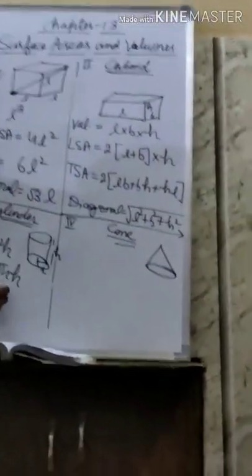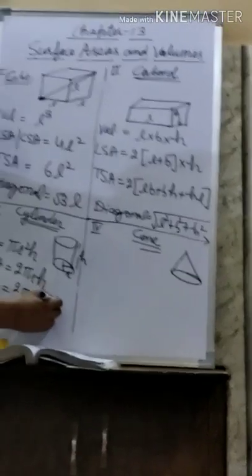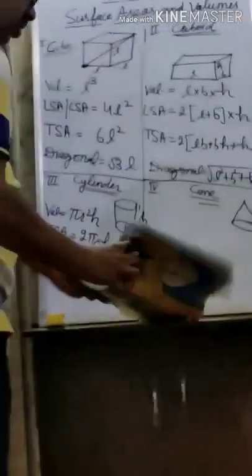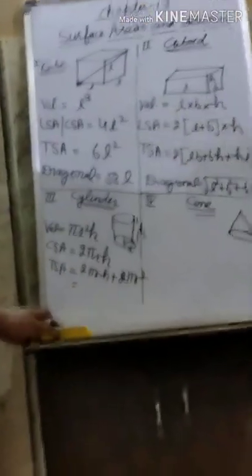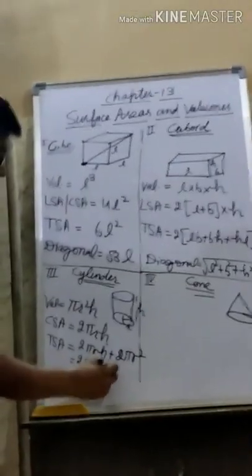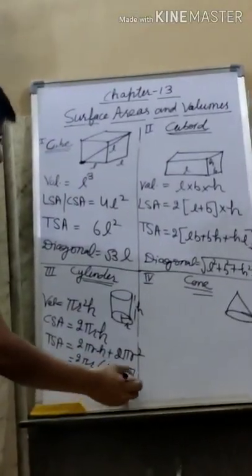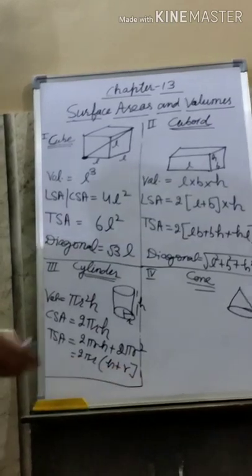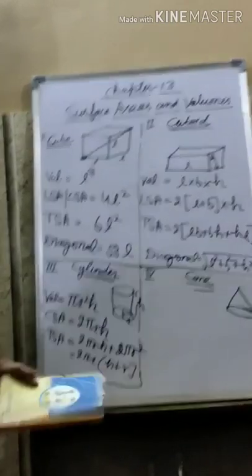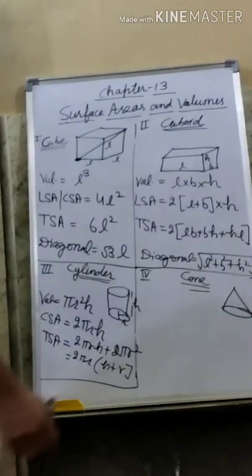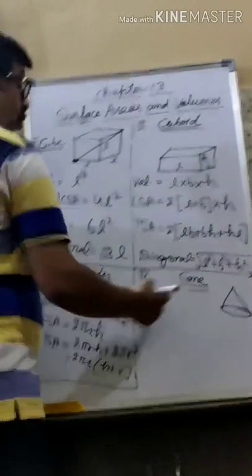That is 2 pi r h plus 2 pi r square. So my dear students, in this way you take 2 pi r common, h plus r. So this is the total surface area of cylinder. And then now cone.